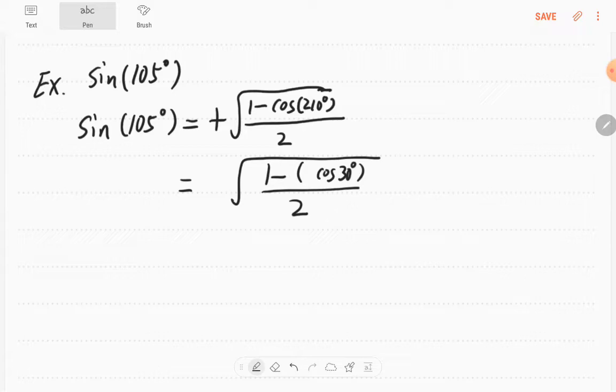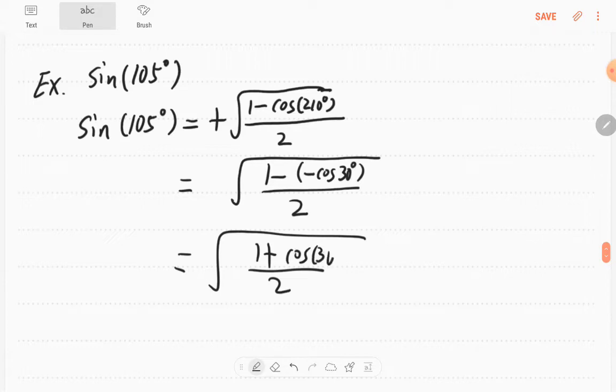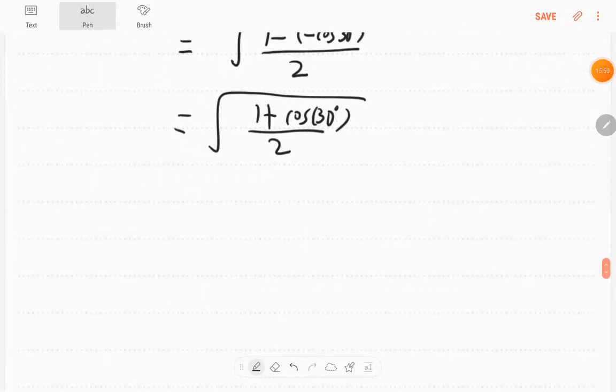But it's 210, which is in the third quadrant. In the third quadrant cosine is negative, so we have a negative sign here. So it becomes 1 plus cosine 30 degrees. Then we plug in the numbers.